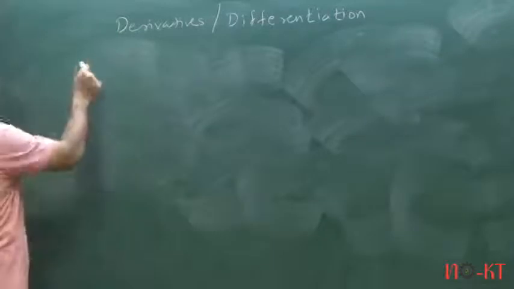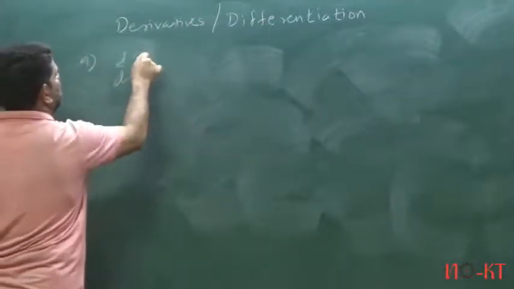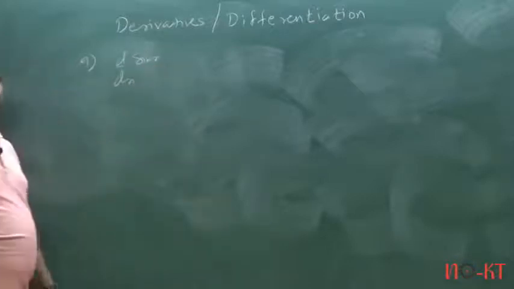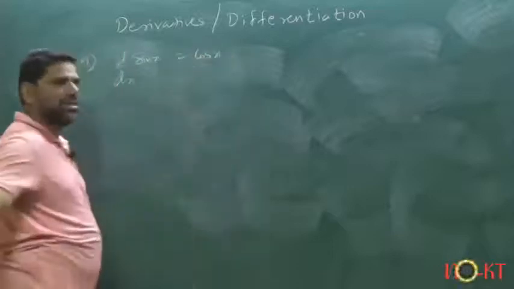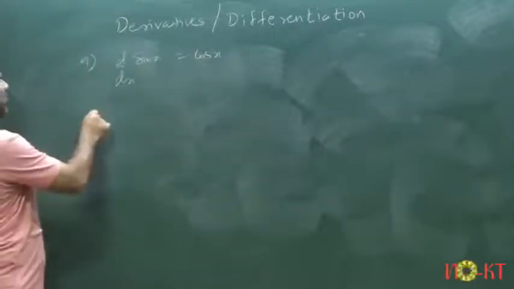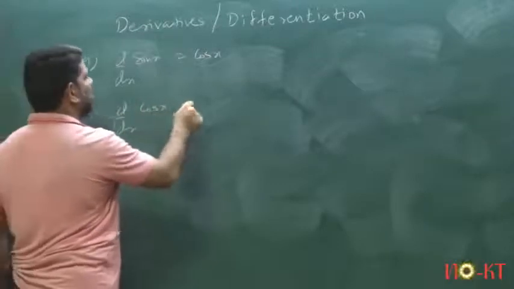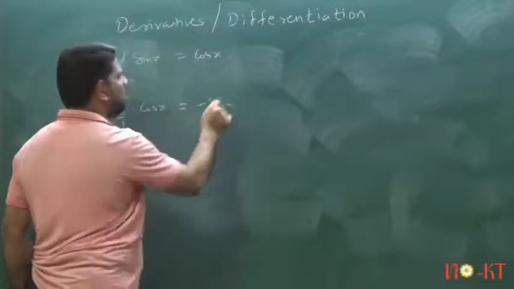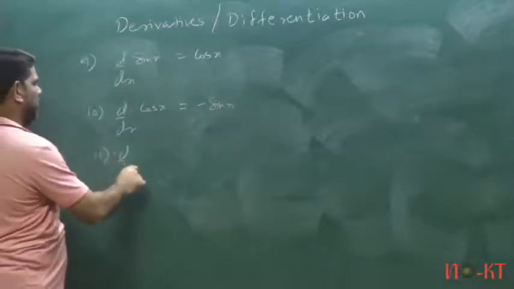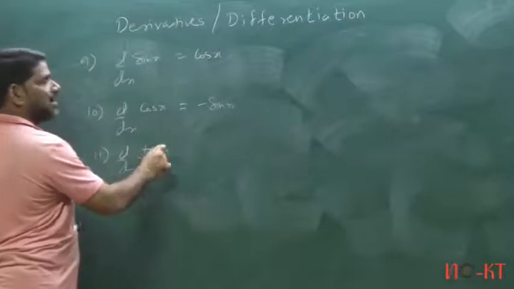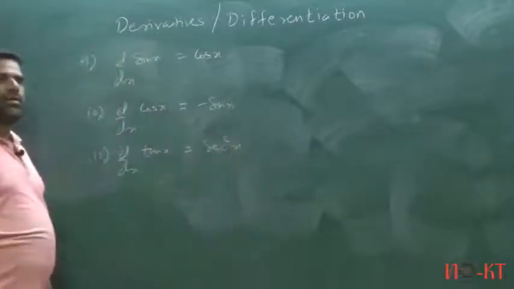Now this is formula number 9. We say d by dx of sin x, the derivative of sin x, is always cos x. 10th formula, derivative of cos x is always minus sin x. 11th, derivative of tan x is always sec square x. This you have to learn by heart.